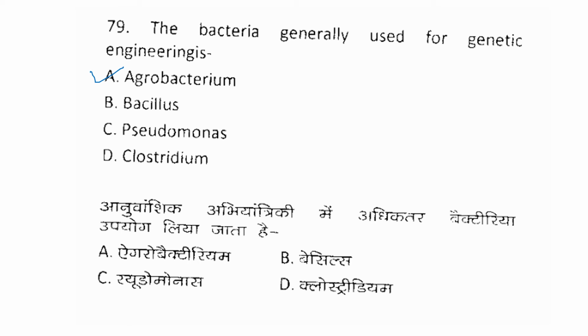Agrobacterium tumefaciens naturally causes the crown gall disease in plants, so it has been genetically engineered to cause transformation. Agrobacterium has this T-DNA, which during transformation it transfers to the plants. So this property has been exploited and used for genetic engineering.